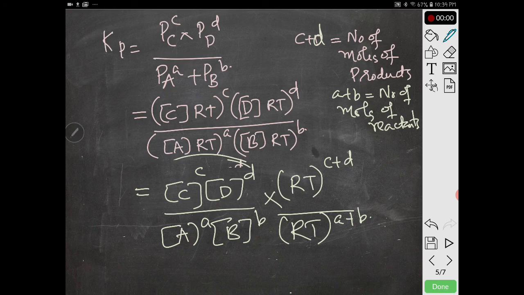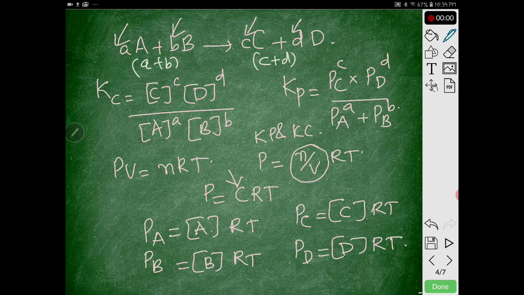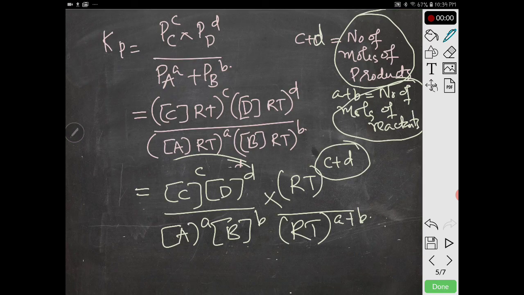So here what is c plus d? c plus d is the number of moles of products, and a plus b is the number of moles of reactants. From where did we get it? See, look at the equation. a moles of A reacts with b moles of B to give c moles of C and d moles of D. So here c plus d is the number of moles of the products, a plus b is the number of moles of the reactants. Please understand. So I have taken the same over here also.